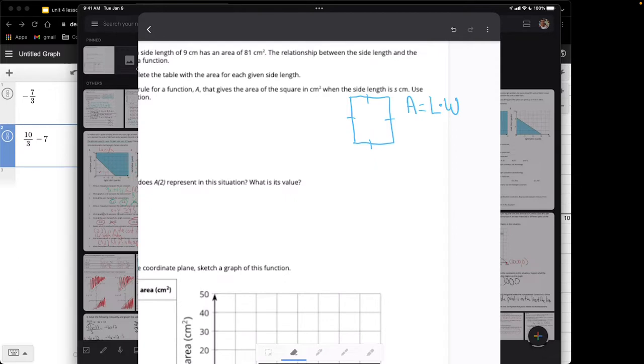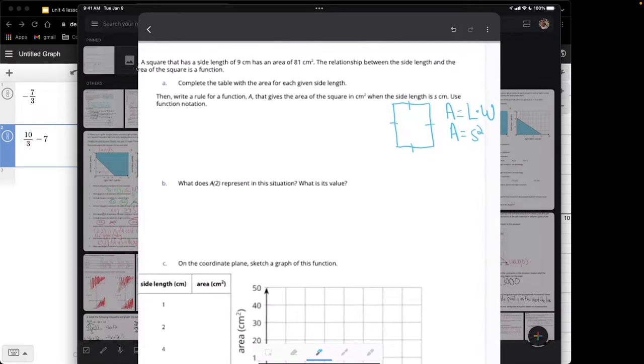So in a square, the area is actually just the side length of the square squared, because length and width are the same length. So area of a square is just the side squared. That's just important to know. We're going to use that to help us.